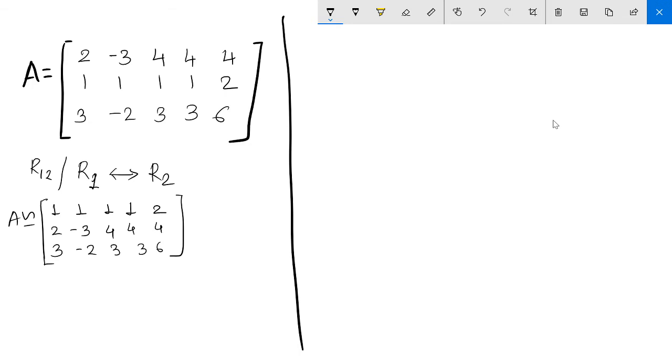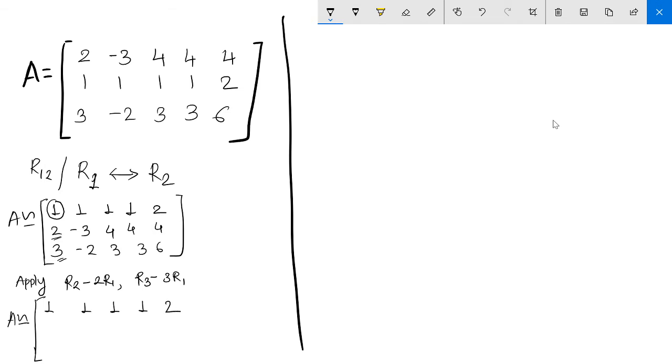Fine. So now there is a 1 in the first position. We will make the entries below it 0, so for this we apply row transformations: R2 minus 2R1 and R3 minus 3R1. After these row operations, there is no change in the first row, so that will be 1 1 1 1 2.